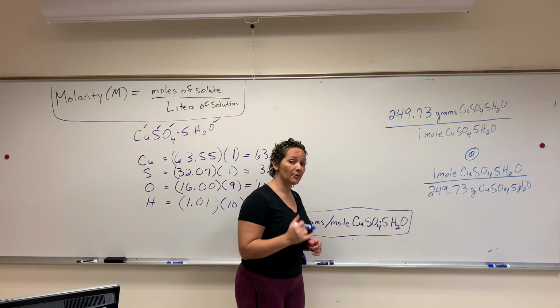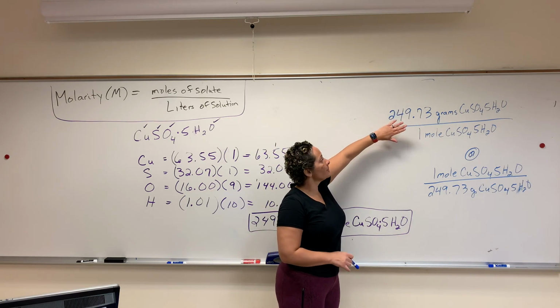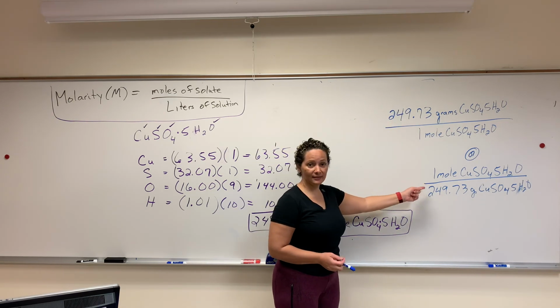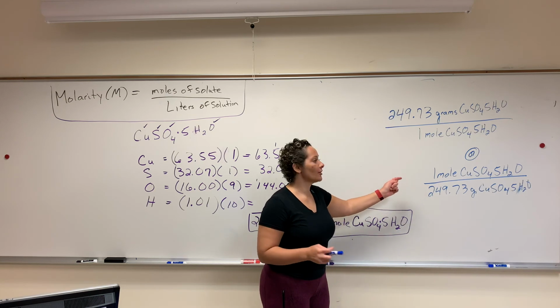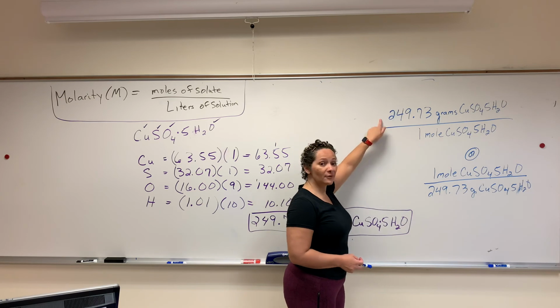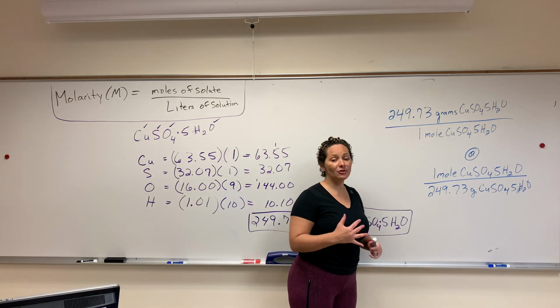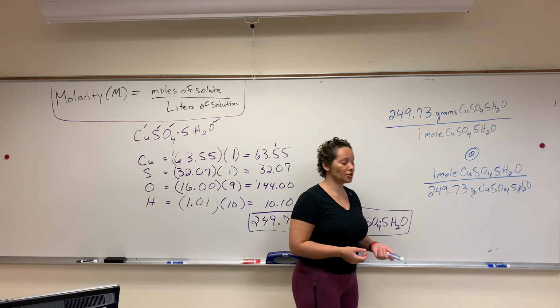Depending on how it needs to be used, it could be like this, or it could be flipped. No matter what, it doesn't matter, because 1 mole equals that many grams, and that many grams equals 1 mole. It's the same thing, just flipped depending on how you need to manipulate it to do your calculations.